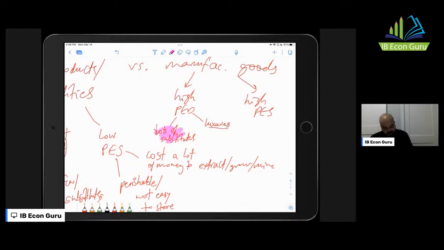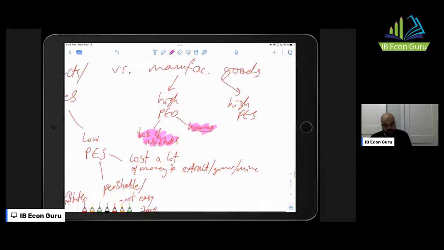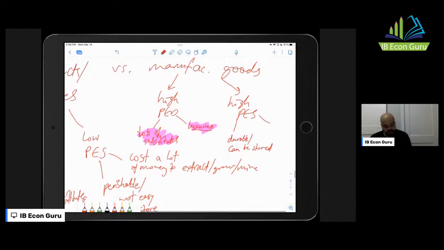Obviously, there are exceptions. And they tend to have high PES because they tend to be durable and can be stored. And they tend to have high PES because the FOPs tend to be more mobile in manufacturing industries, right?